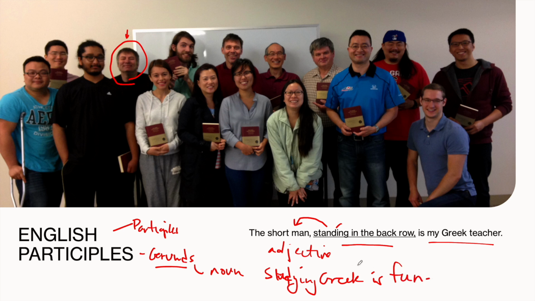What am I doing there? That's actually acting as a noun, linked together with this verb of being and an adjective describing that it's fun. So, studying Greek is fun. There, the participle is acting like a noun, and we call that a gerund in English. But Greek doesn't use this terminology. The participle acts both as an English participle and an English gerund, all in one.